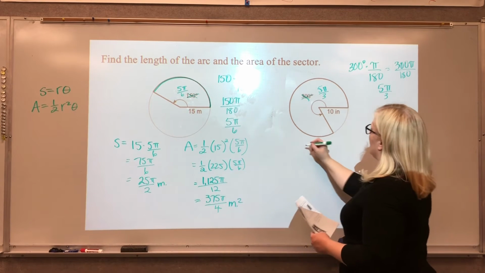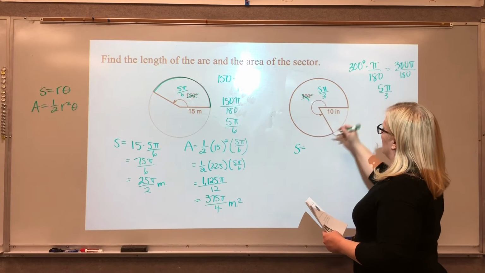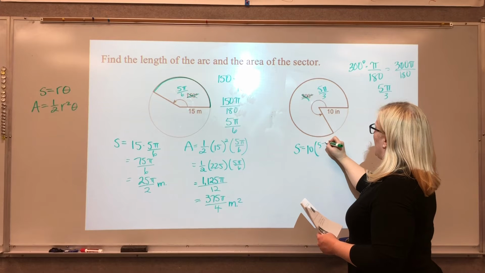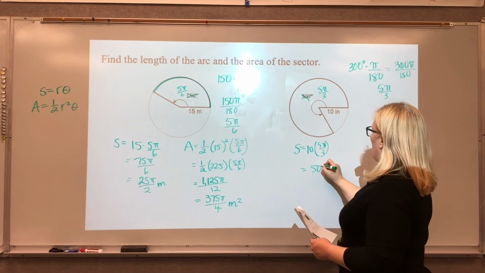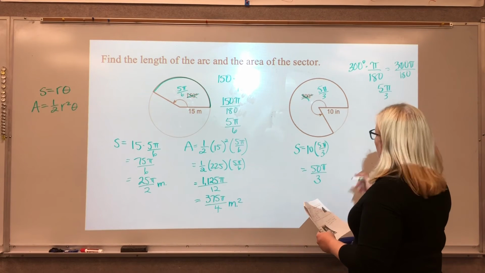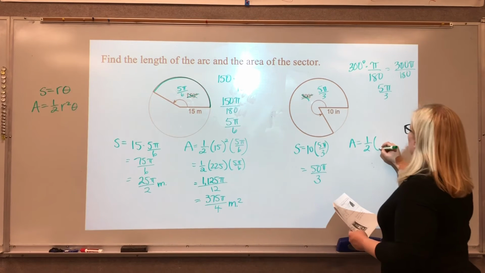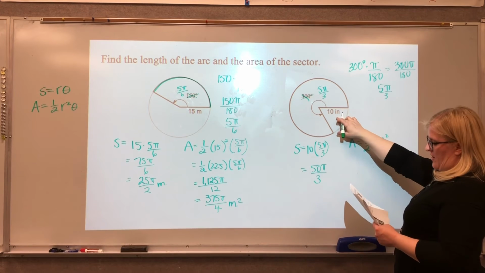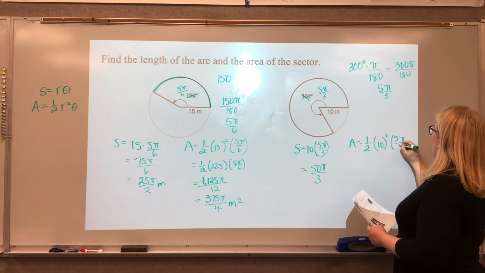My length is my radius times theta, which is 5 pi over 3, so my length is going to be 50 pi over 3. And then my area is 1/2 R squared, my radius squared, times theta, which is 5 pi over 3.